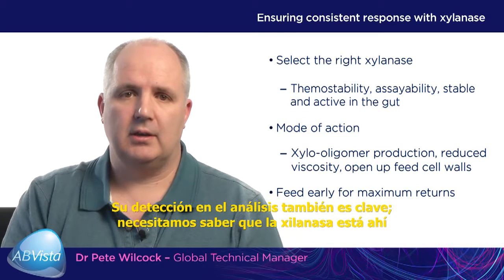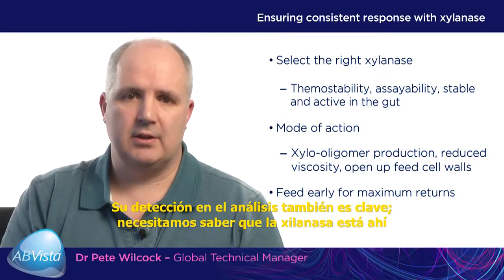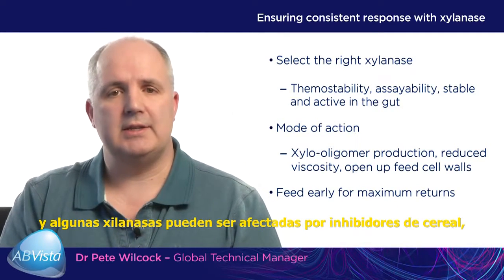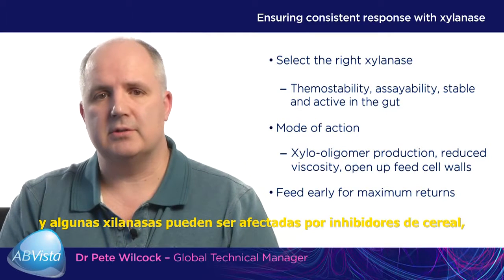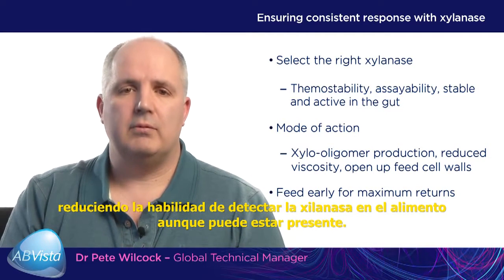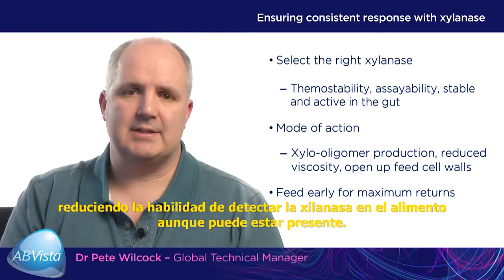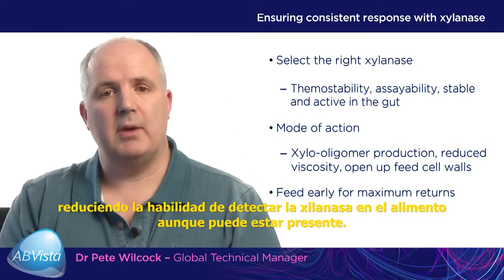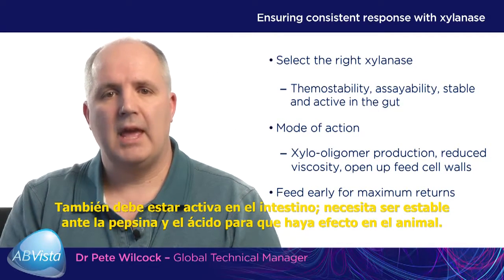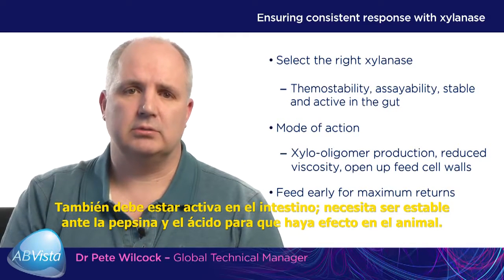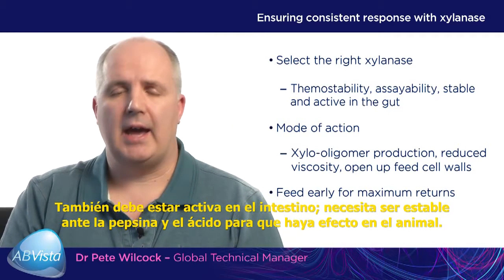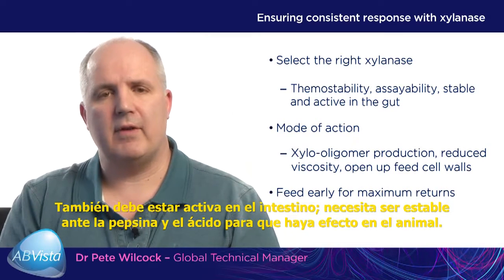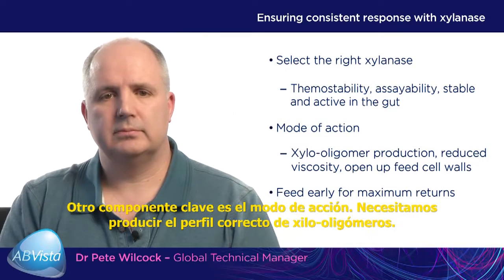Assayability is also key. We need to know that the Xylanase is there, and some Xylanases can be affected by cereal inhibitors, therefore reducing the ability to detect the Xylanase within the feed, even though it may well be there. It also has to be active in the gut. It needs to be pepsin and acid stable, so therefore it can have effect within the animal.